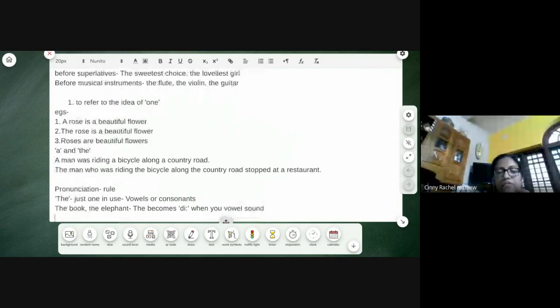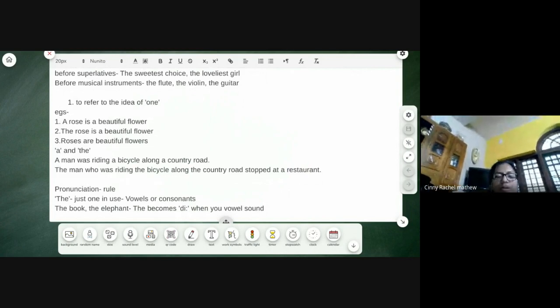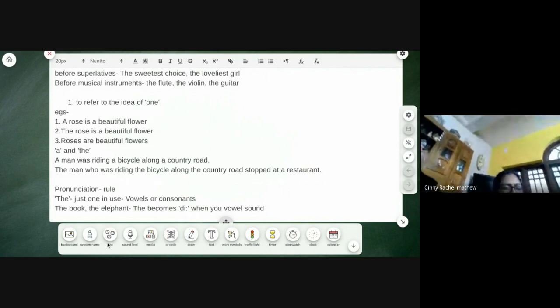While if the is followed by a consonant sound like the book, you have the being pronounced as the and not the.